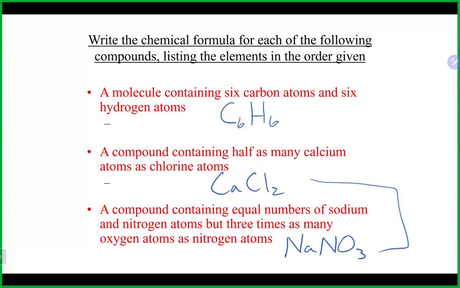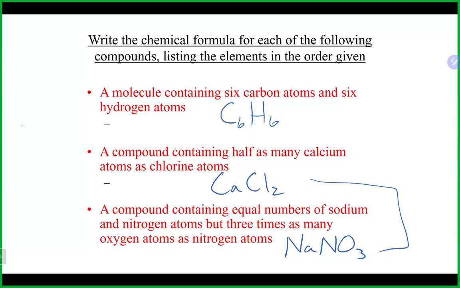Now you may be asking, are there other formulas you could get for these two? Technically speaking, yes and no. Yes in the context of this question, but no in the sense, as we will learn later in this chapter, that when you put a metal and non-metal together, which is what these two are, you want to put them together in the simplest way that will give them 0 with their charges.